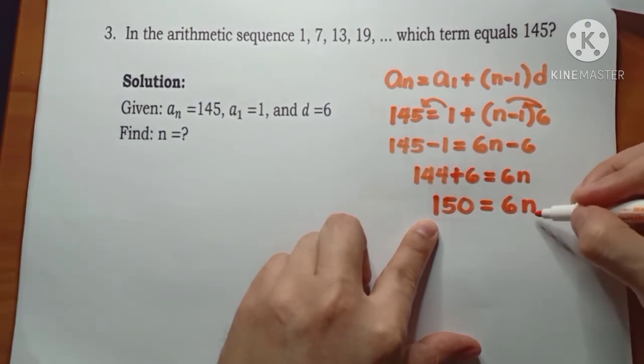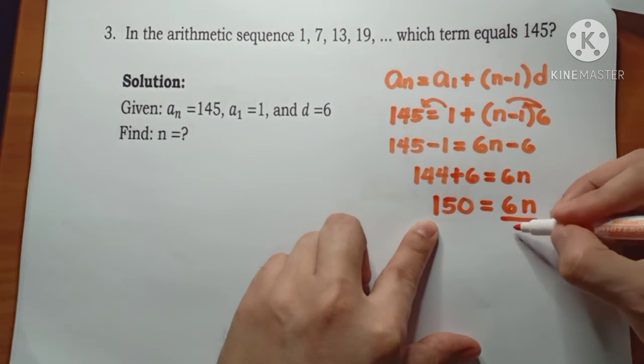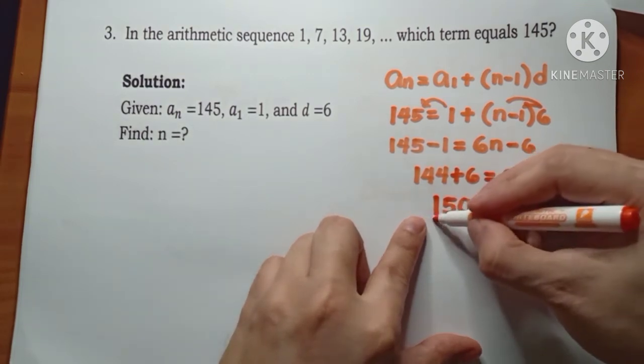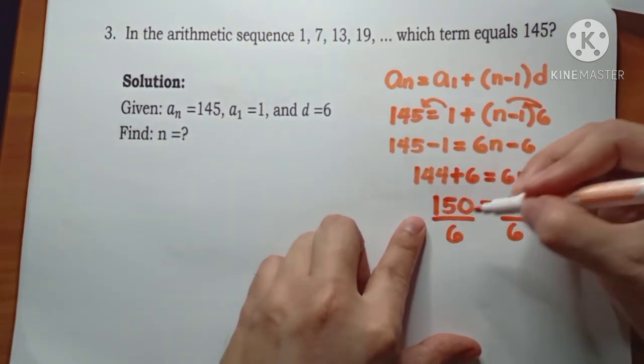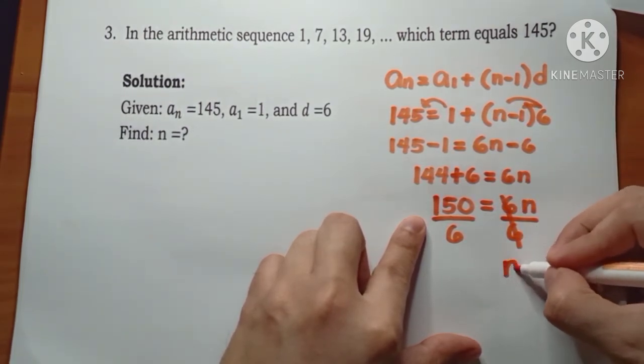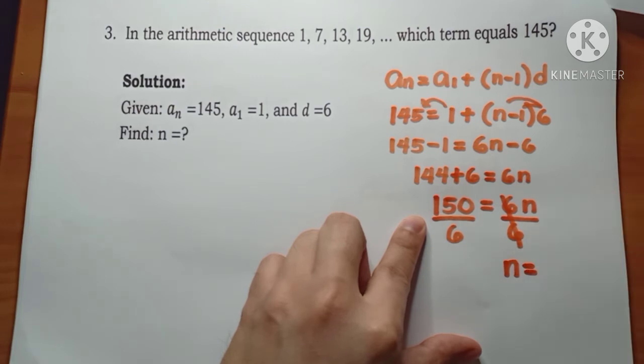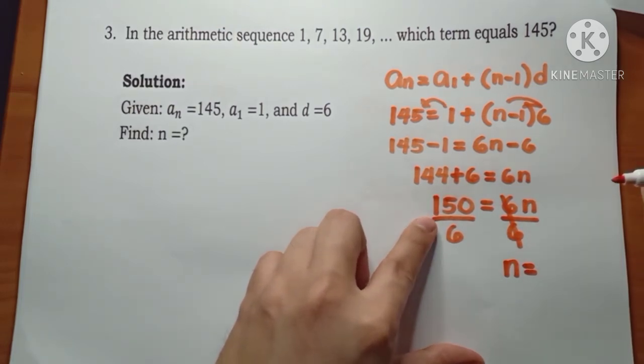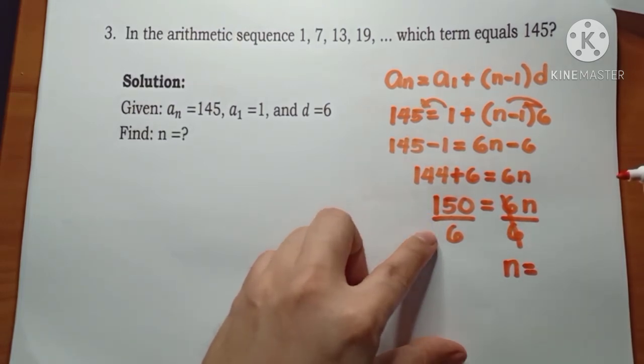So para makuha natin yung n, so we have to divide both sides by 6. So divide both sides by 6. So therefore, ano ang ating value ng n? So ang n natin is equal to, so 150 divided by 6 is ilan?